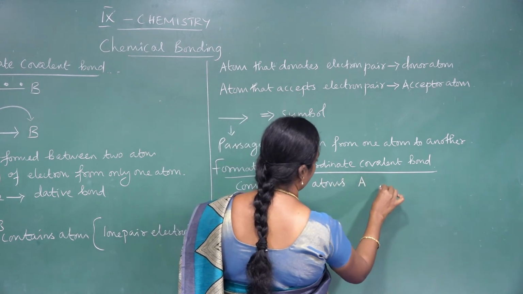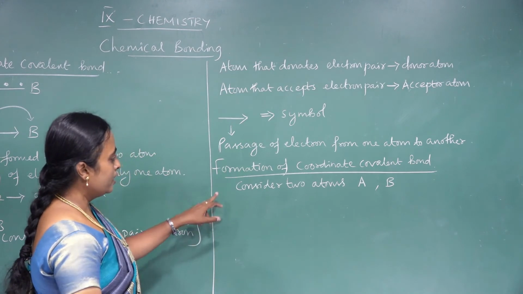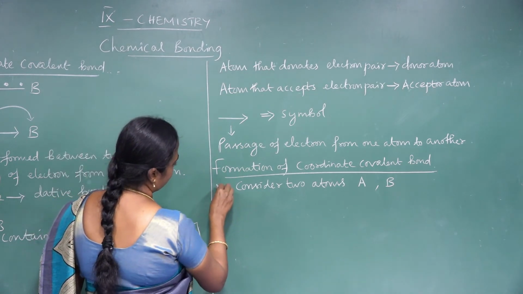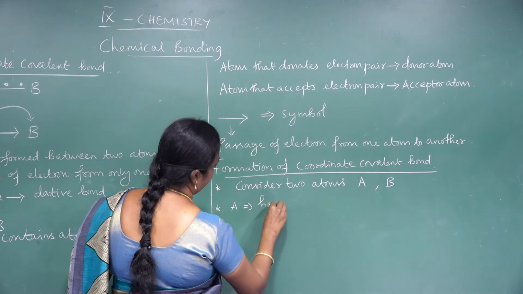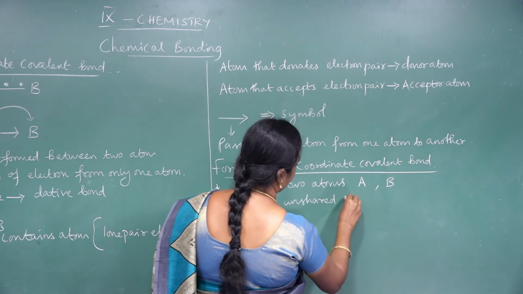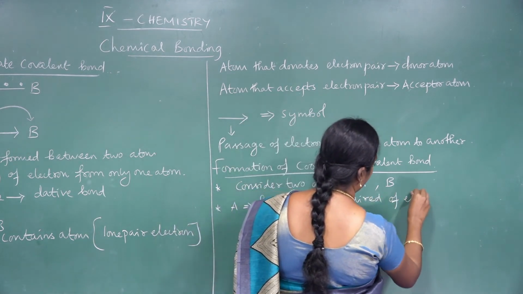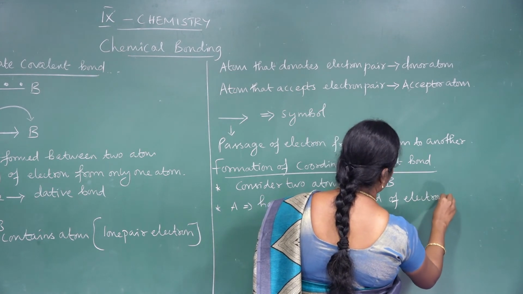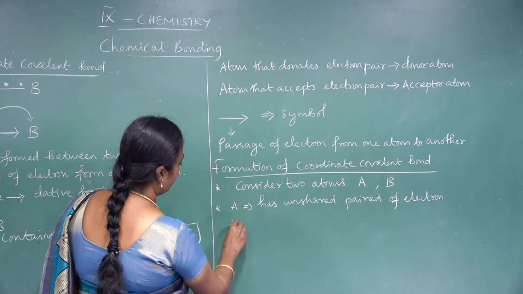I can name them A and B. Okay. So here A has an unshared pair of electrons. And in the same way, if you take B.